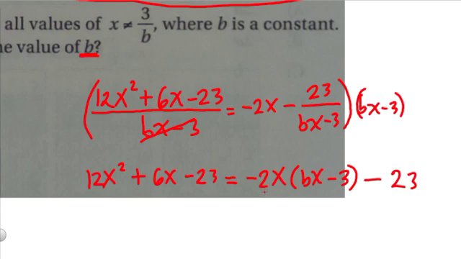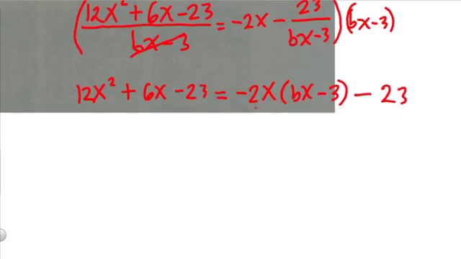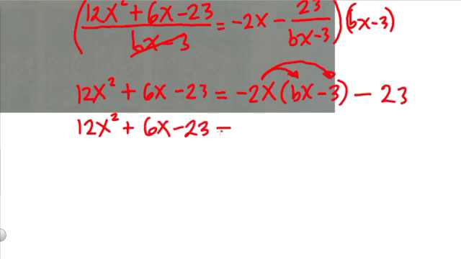Now from this equation we have eliminated all the denominators already, and we're going to simplify it in order to find the value of b. So we distribute the negative 2x inside the bx minus 3. This will be 12x squared plus 6x minus 23 equals negative 2x times bx, which is negative 2bx squared.